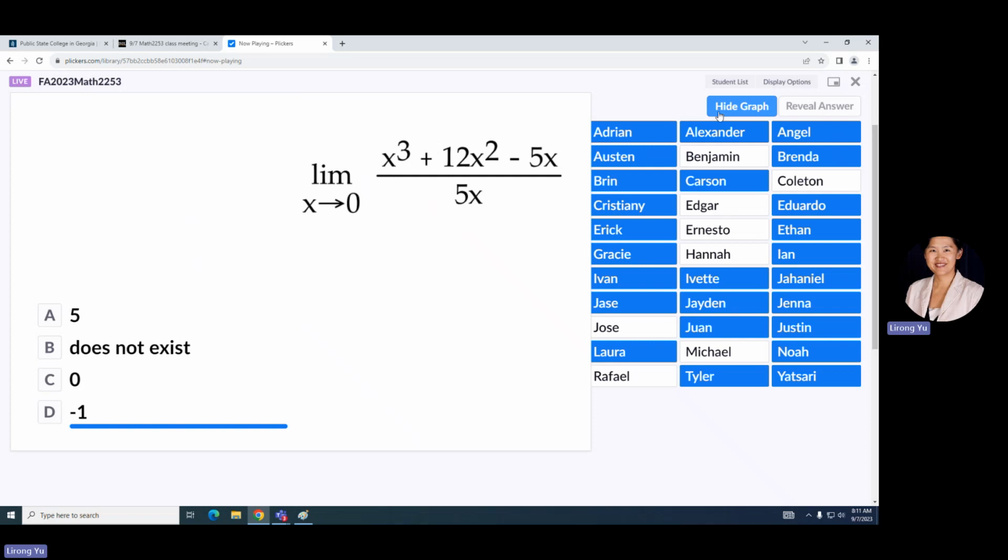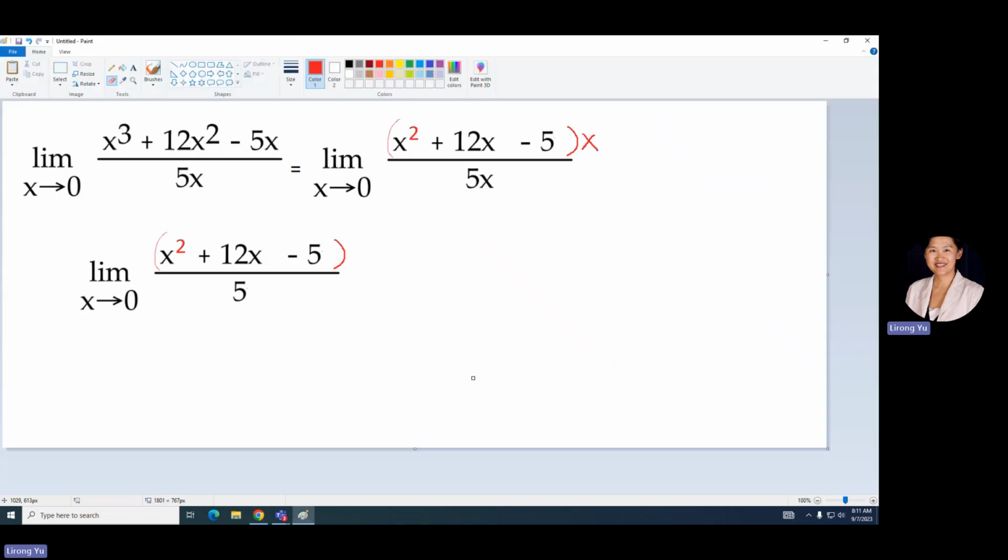Because these two are so small, they're not comparable to that one. Therefore, you can assume that they're already 0, and then the final answer should be -5x/5x. So sometimes comparing the degree of the polynomial also indicates what the right way to calculate it should be. But normally in the textbook, we follow this method.